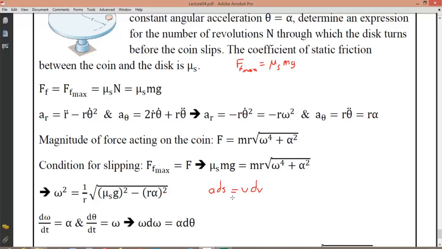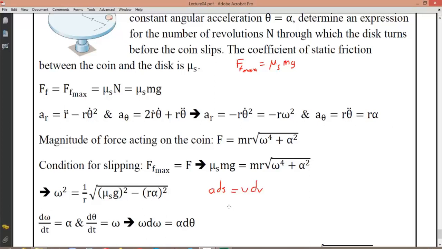Now, here we need to change this equation for the rotational case, and here we have the equation for that. Omega d omega, these are the velocities, is equal to alpha times d theta. Now there's one more thing that we need to be careful about, which is the relationship between the number of rotations and the total angular displacement.